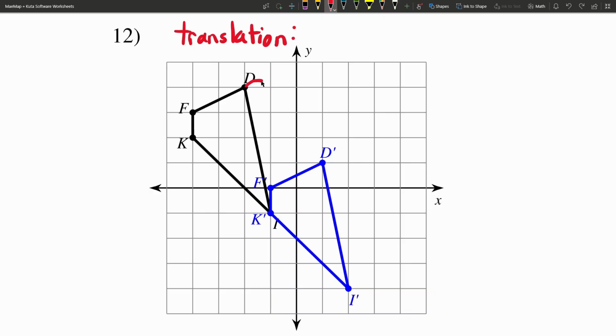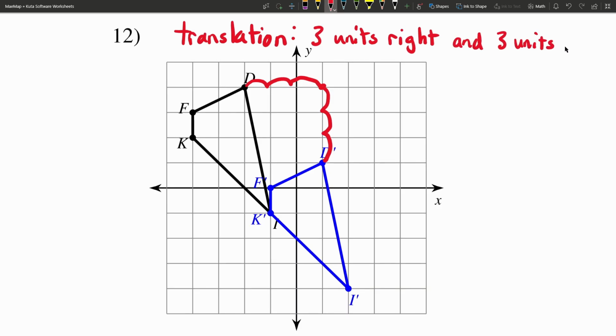Well, I have to move over 1, 2, 3 in the positive x direction to get on this same line. So this is going to be 3 units right, but that's not all I have to do because I'm still not quite to D prime. I also have to go 1, 2, 3 units down. So this is a translation of 3 units right and 3 units down.